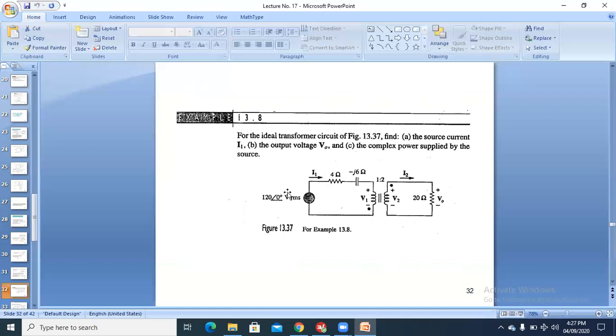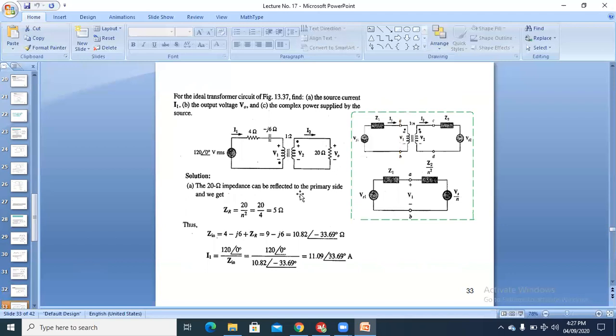So we can calculate this by reflecting the secondary side over the primary side using the Thevenin method.